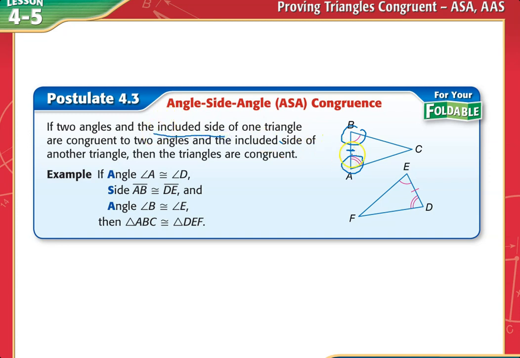We have angle B congruent to angle E, shown with the single arc, and we have the double arc showing that A and D are congruent. And then we have the included side with the tick mark. So if you have angle side angle, we can conclude that the triangles are congruent.